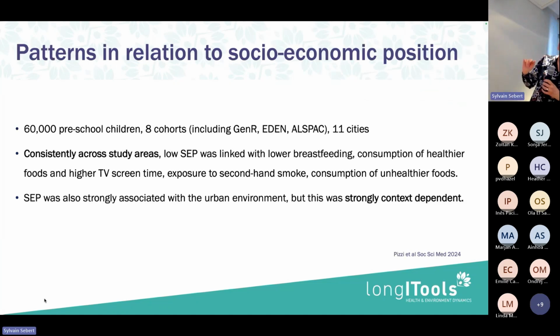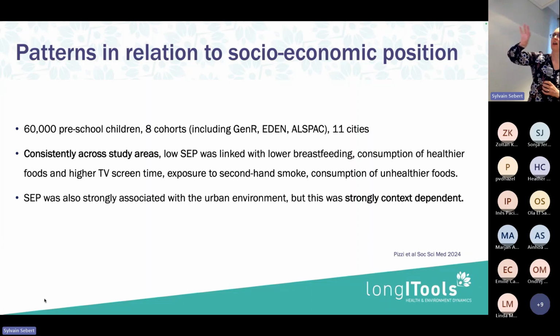Not such a pretty picture for this study, but I think quite interesting findings, because in a similar setup, in this case of 60,000 children over 8 cohorts in 11 cities, there were 2 things that were interesting when they looked at socioeconomic position and how socioeconomic position relates to environmental factors.